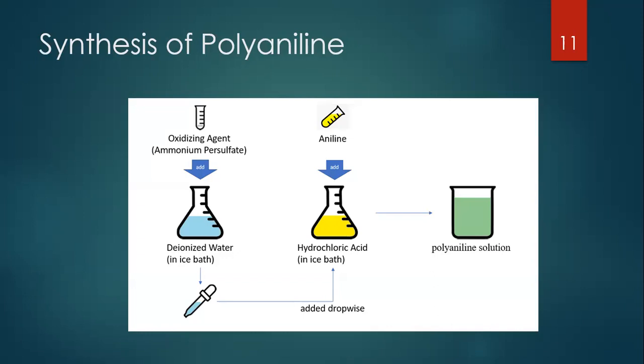And then the aniline will be added to the hydrochloric acid, which is also in an ice bath. Then the ammonium persulfate solution will be added dropwise until all are dropped into the hydrochloric acid, producing the polyaniline solution.